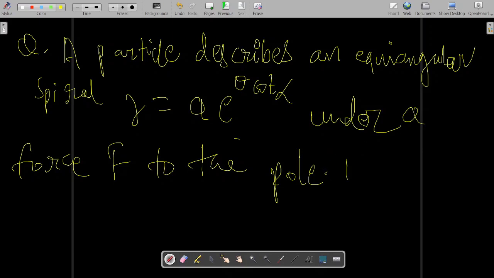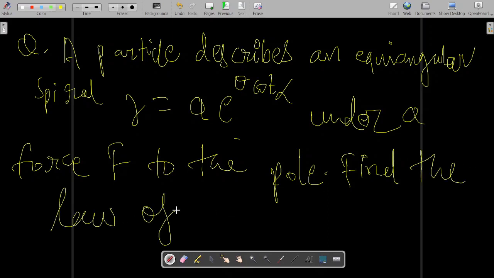Find the law of force. Just a second guys, find the law of force.